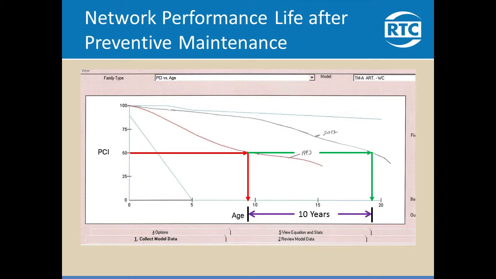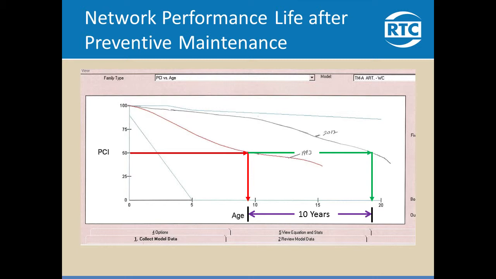But anyhow, back in those days, Greg developed a family of curves for his particular routes. He didn't use the default curves in the system. He got curves that showed how his agency's roads performed. And in 1993, this is how an arterial road performed.